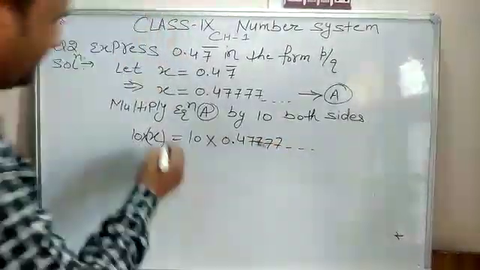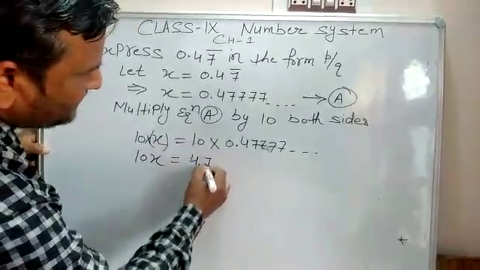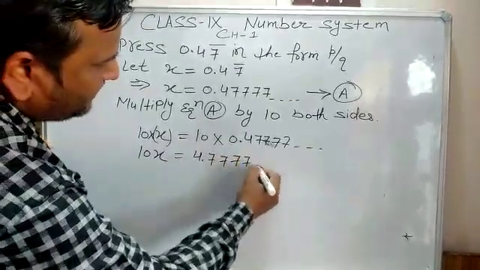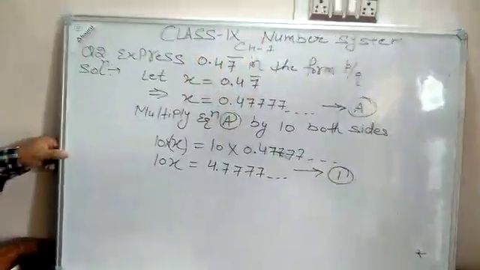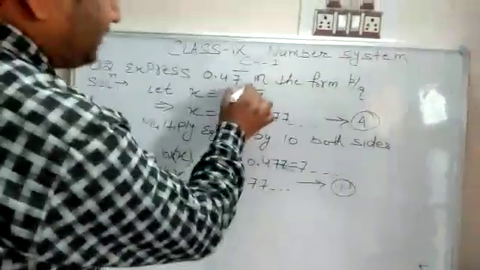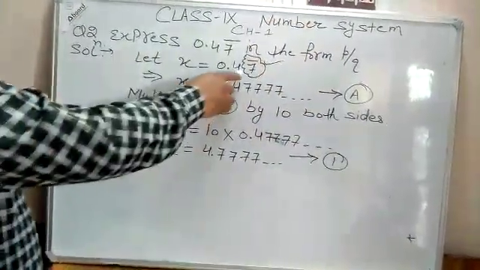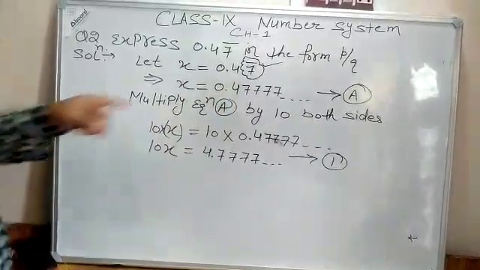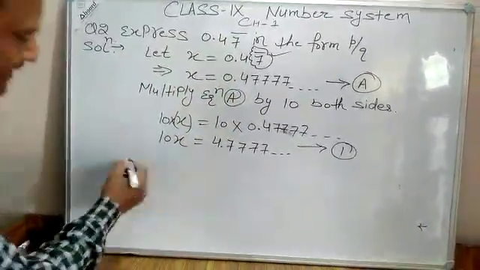777 and so on. So 10x is equal to 4.7777 and so on. This is given as equation number 1. Now this bar we have used already, but the number that is without the bar and after the decimal is left. So what we have to do here?